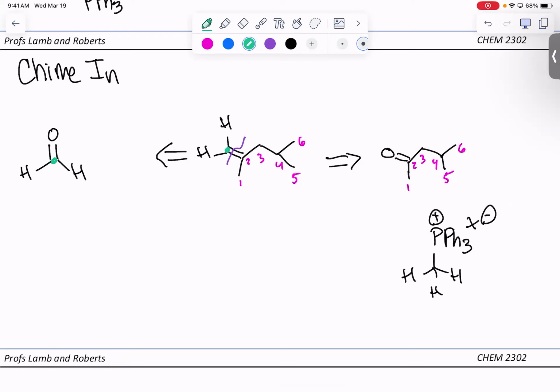And then that means that our Wittig reagent, our phosphonium salt, would come from that carbon skeleton with our 1, 2, 3, 4, 5, 6 carbons. We would see that we have a hydrogen there, and we can make this from our triphenylphosphine. We would deprotonate that. We can make that from the alkyl halide.